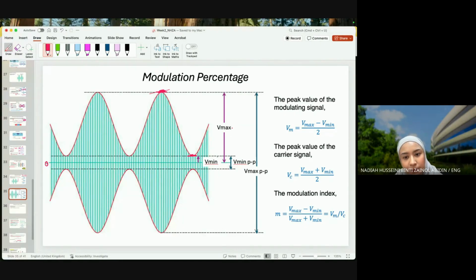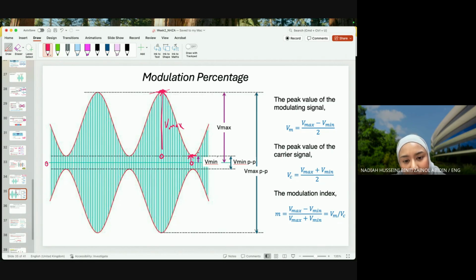So that is Vmax and that is Vmin. So I'm going to write 0 here, like that, and like that. Okay, Vmax, Vmin. And then we have another term called peak to peak, P-P.